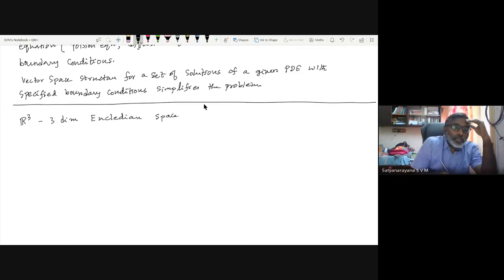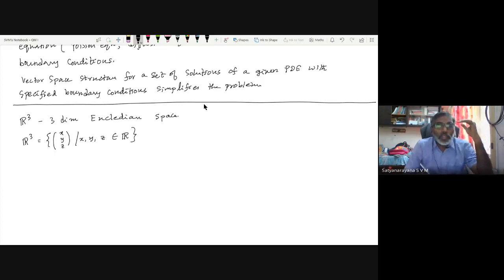Okay, we define R3 as the set of (x, y, z) such that x, y, z are real numbers.